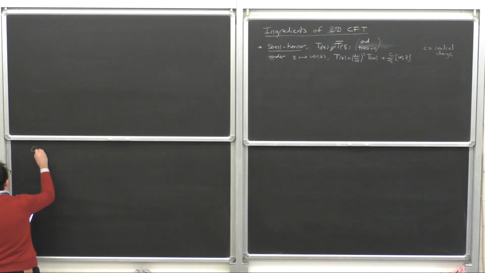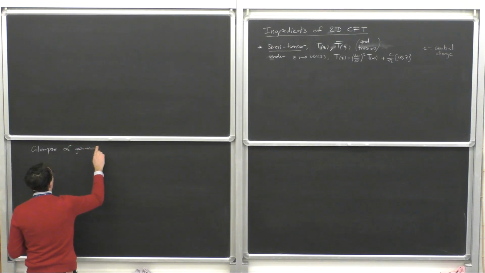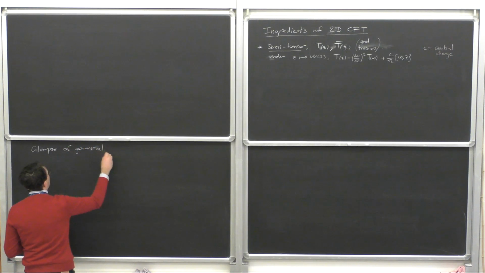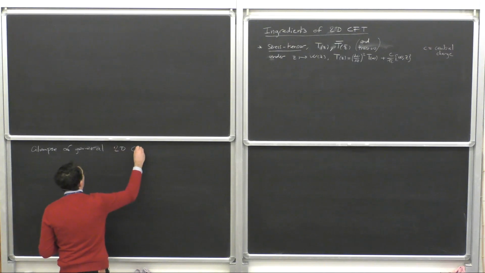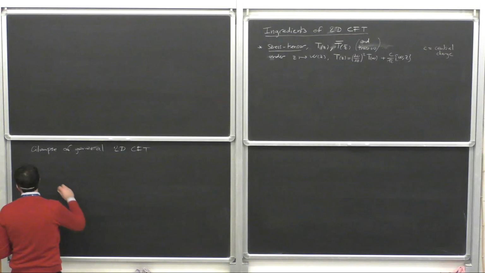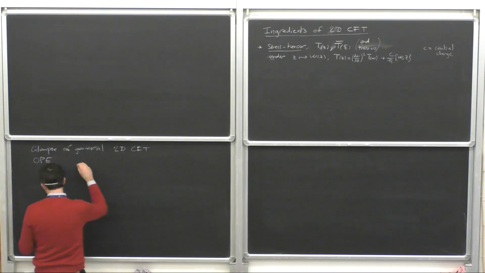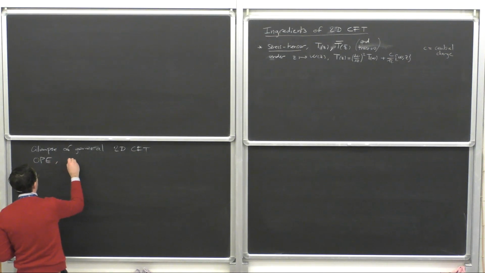So we are going to have a glimpse of general 2D CFT formalism. We are going to go a little bit deeper into the formalism. We're going to talk in particular about operator product expansions, about the algebraic perspective.